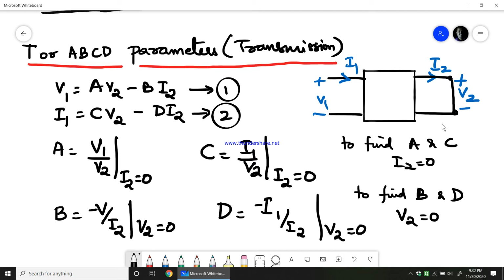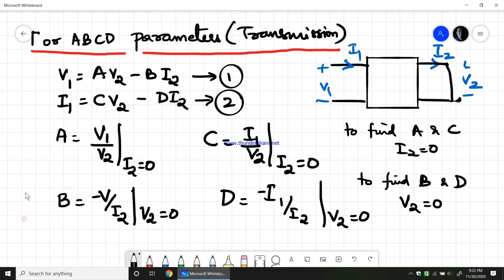It means you are going to short the output port, and then you find V1 by I2, and what are I1 and I2, and then you find B and D. So you open the output port to find the parameters A and C, and then you short the output port to find the parameters B and D. This is the T parameters.